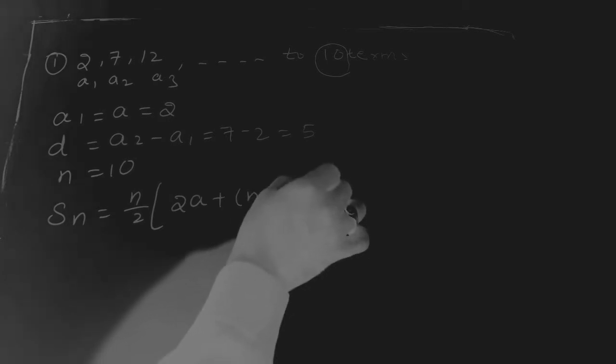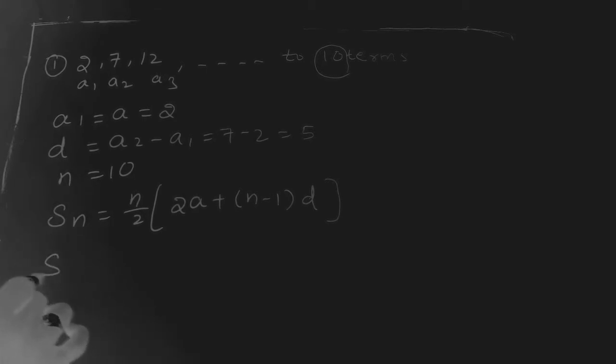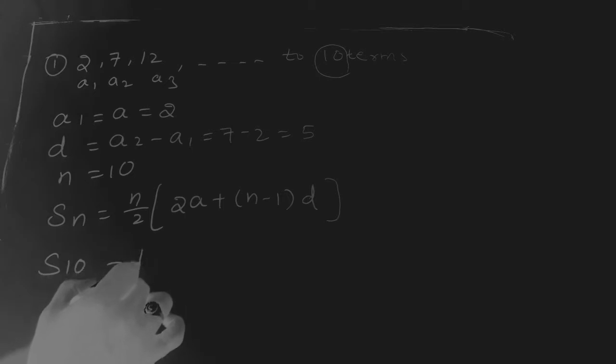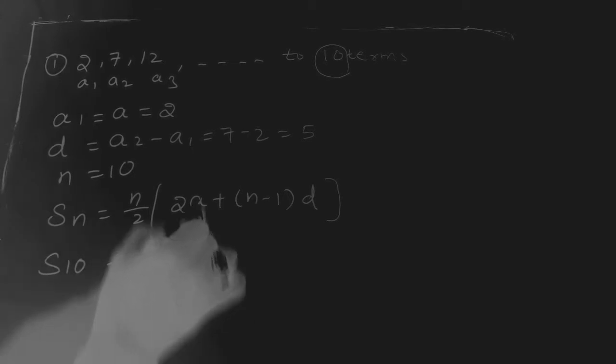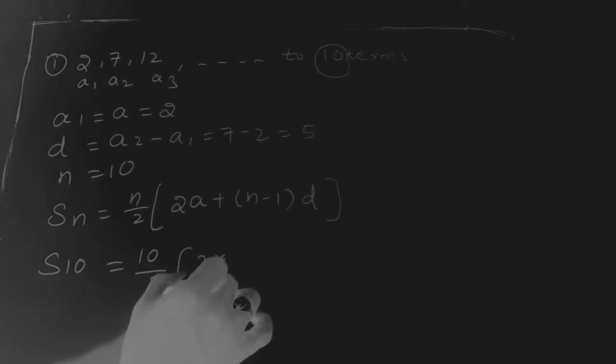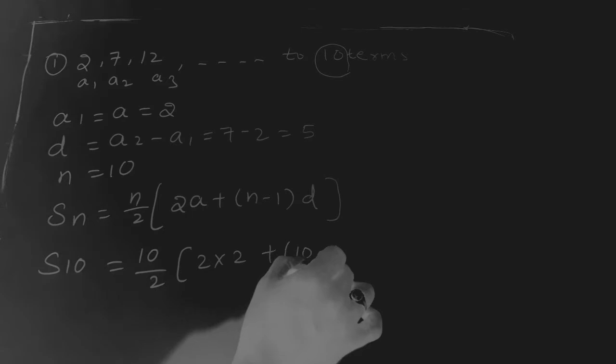This is the formula to find the sum of n terms of an AP series. Now we need the sum of 10 terms. Substitute 10 in the place of n. So 10 by 2, 2a, where a is 2, n minus 1, 10 minus 1.